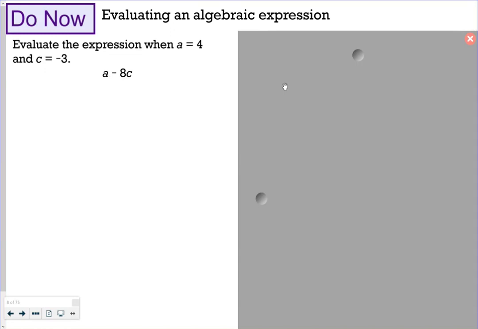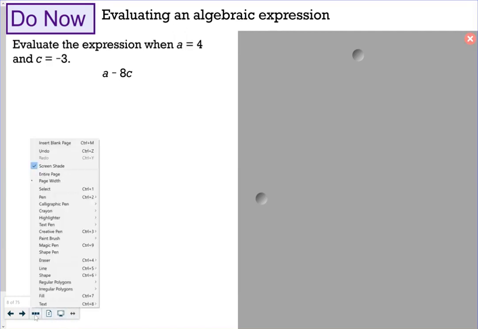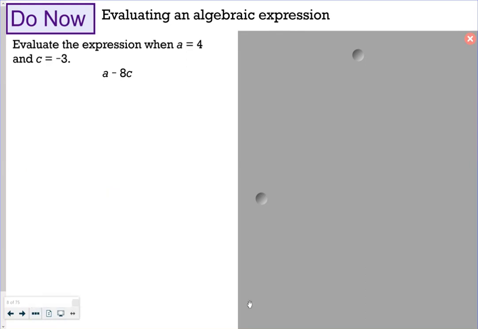Now, in general, you're going to want to make sure that you're using parentheses when you substitute. So, there we go. All right, so I'm going to substitute for A. So I'm going to put parentheses 4, then minus 8.